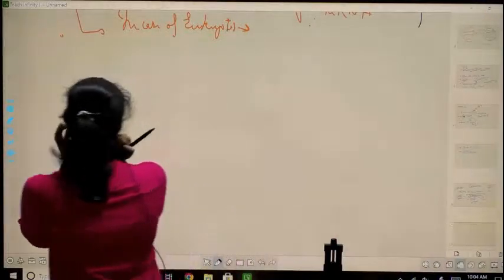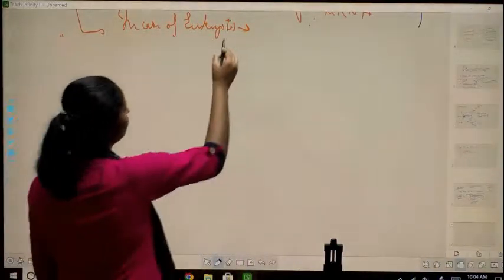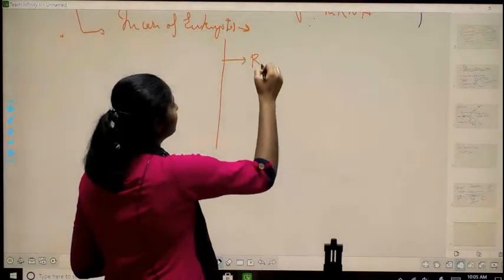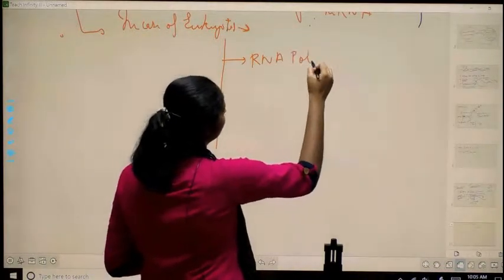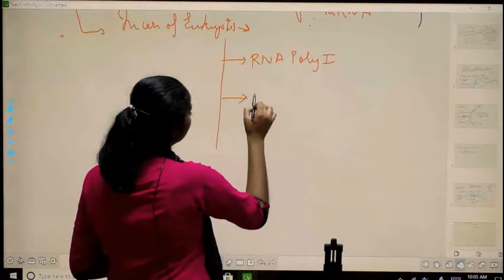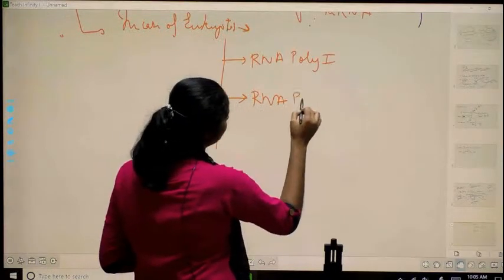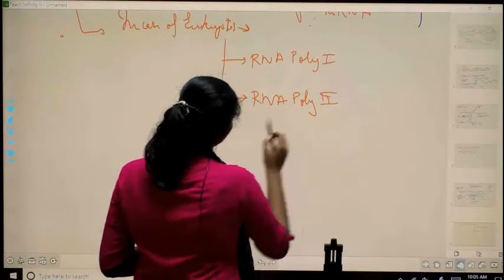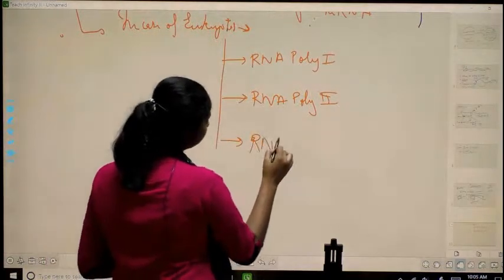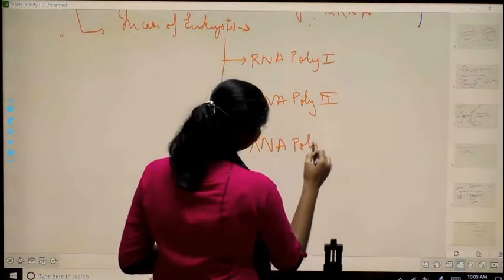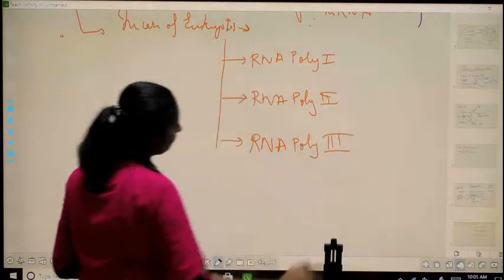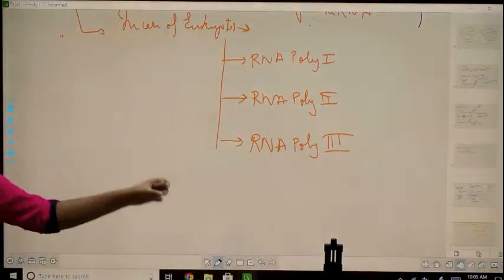So in eukaryotes, we have RNA polymerase 1, RNA polymerase 2, and RNA polymerase 3.